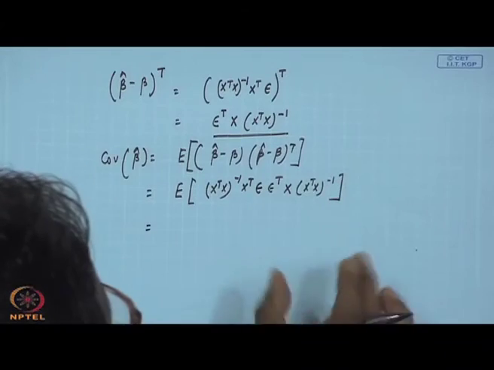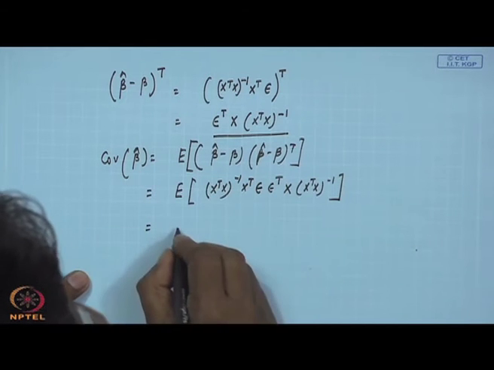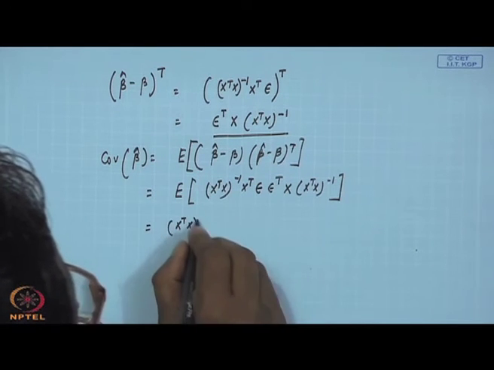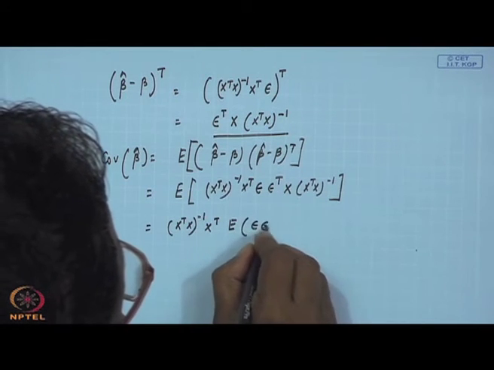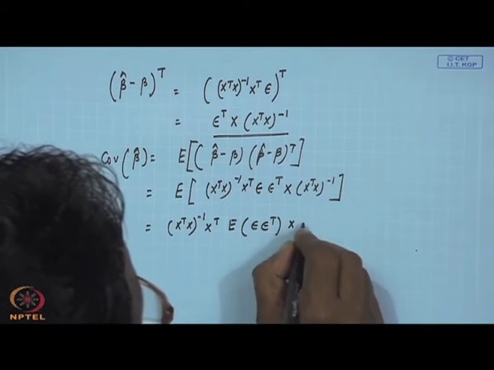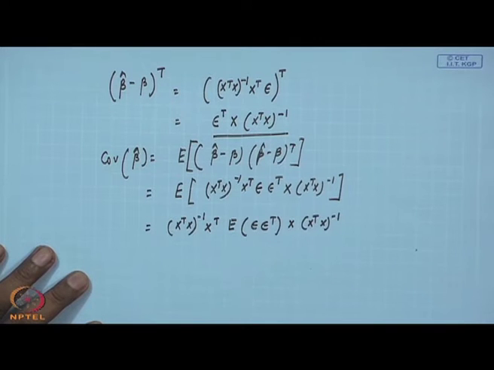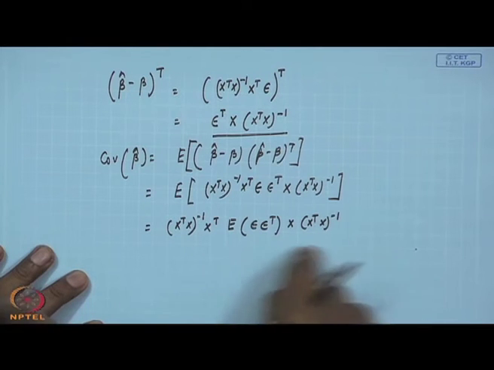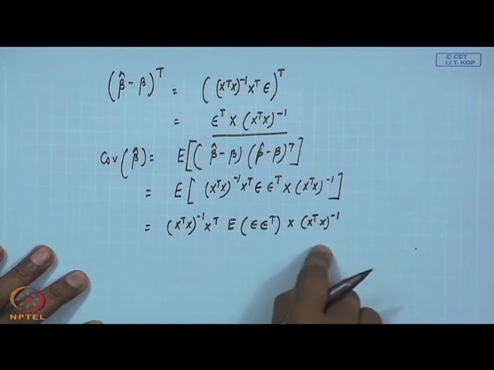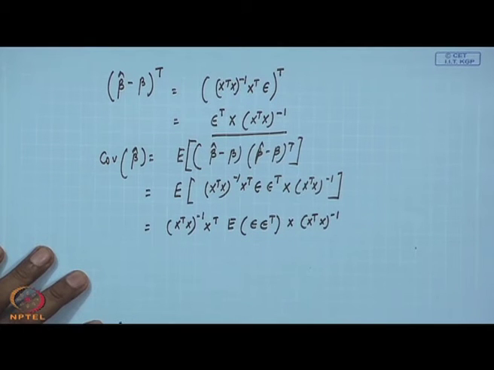Okay. As usual we will bring the x factors out of the expectation operator, then we will get x transpose x inverse x transpose, expected value of epsilon epsilon transpose, x, x transpose x inverse. This fixed value does not require the expectation operator. Now, the question is what is epsilon epsilon transpose?